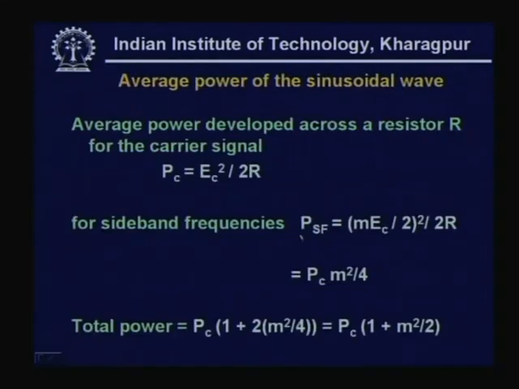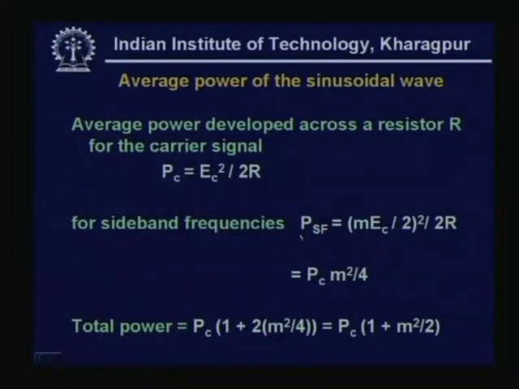Now, how much power will be associated with transmitting this signal? It is very important to understand the power required for transmission of the analog signal. As you have seen, there are 3 different frequency components. So, each of the frequency components will require power for transmitting through the antenna.